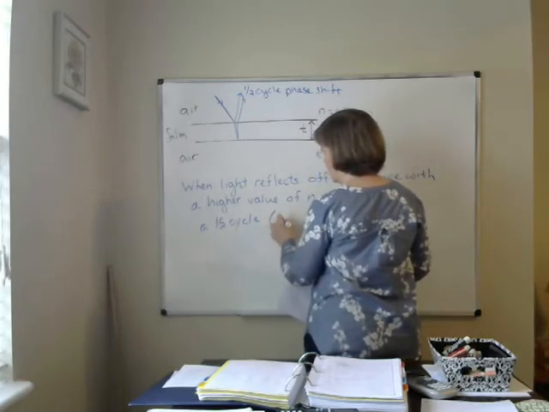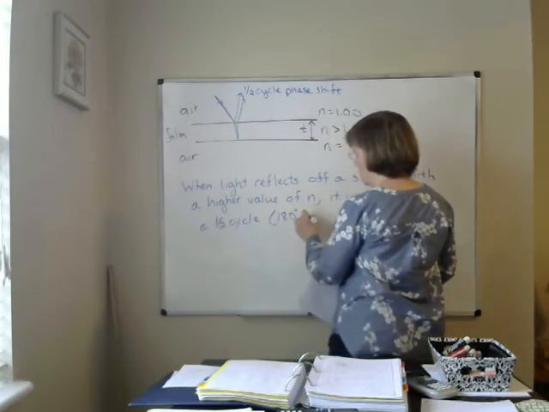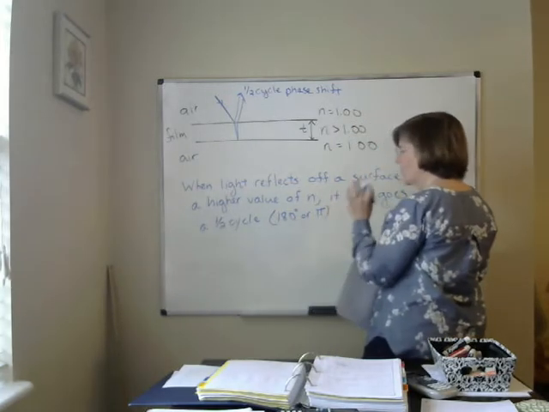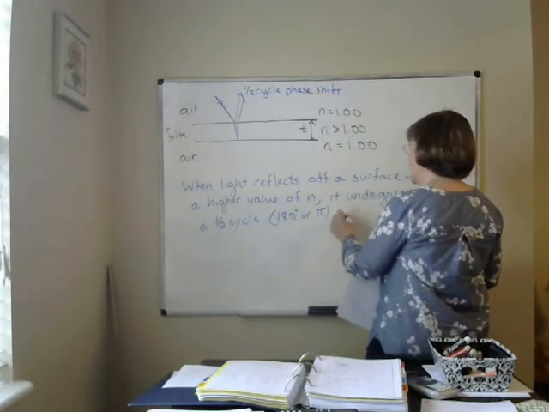Now, half a cycle is 180 degrees or pi radians.